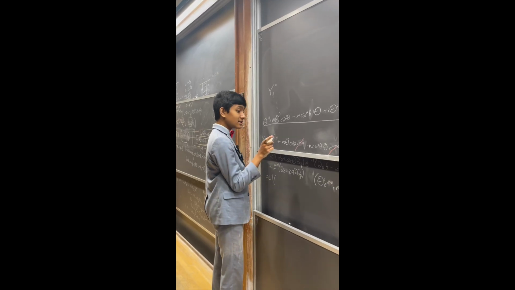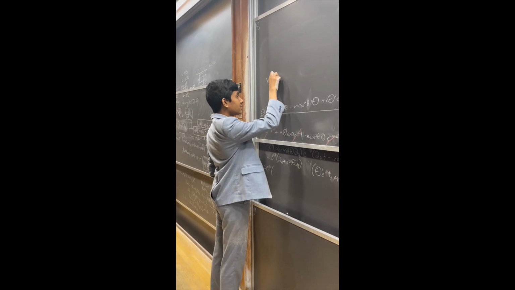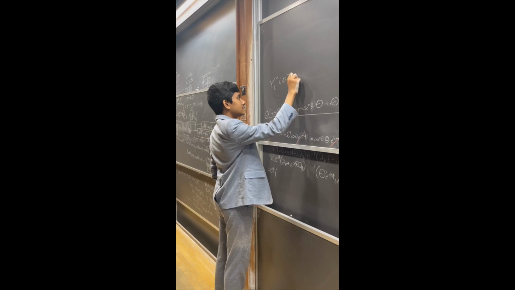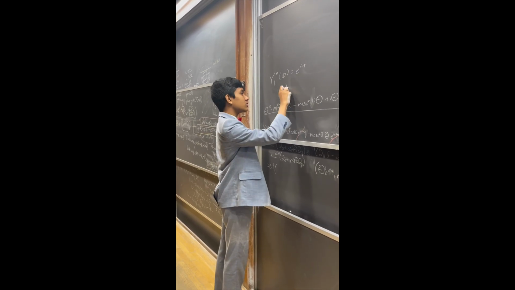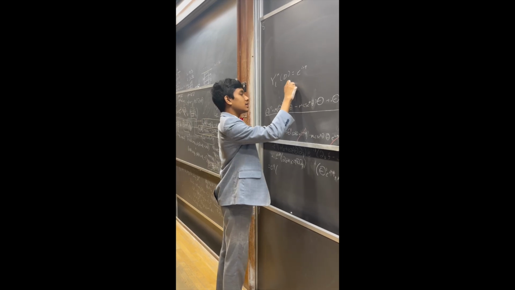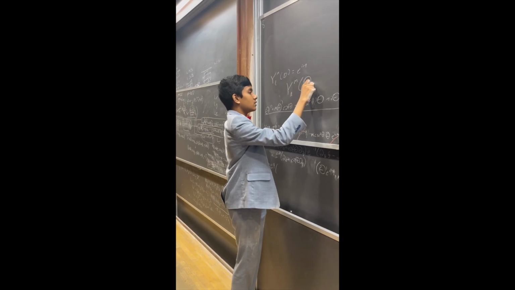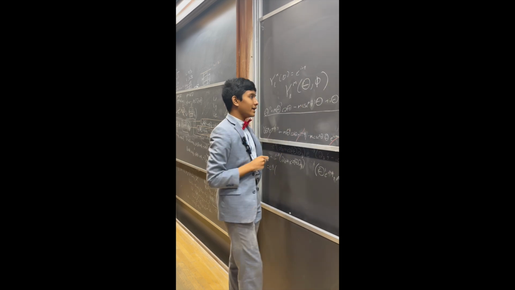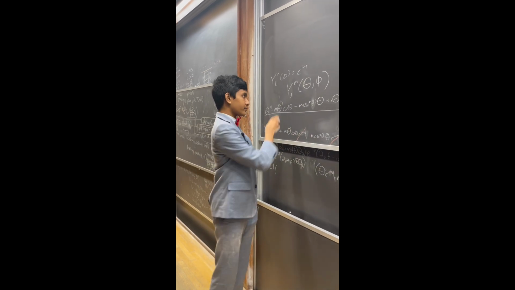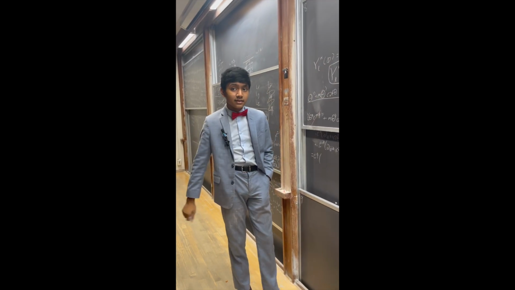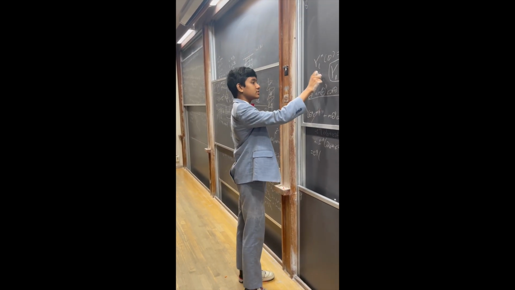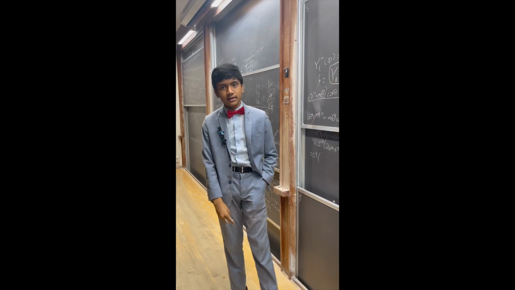Not just that, the spherical harmonic's phi component is e to the i m phi. That's it. The solution all this time was this thing. Y l m theta phi. That is the eigenfunction that solves the angular momentum equation.